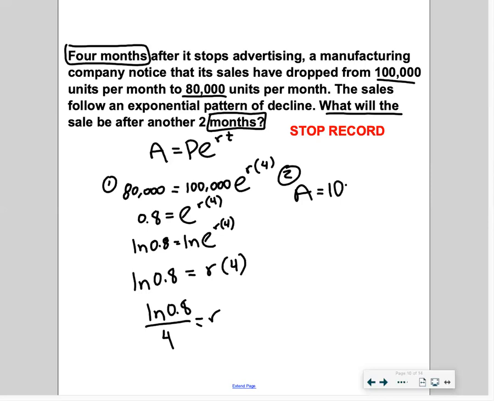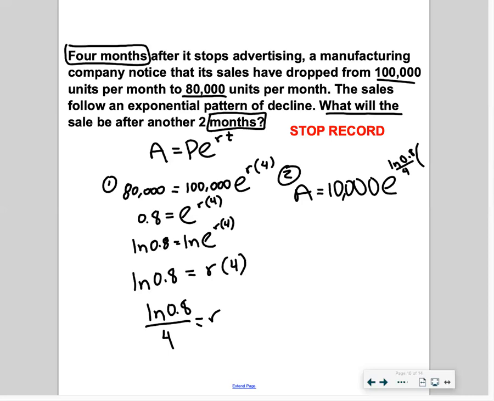If you use 100,000 as your P, you'd have to set your time. I'm going to run out of room here. This would be e raised to natural log 0.8 over 4.